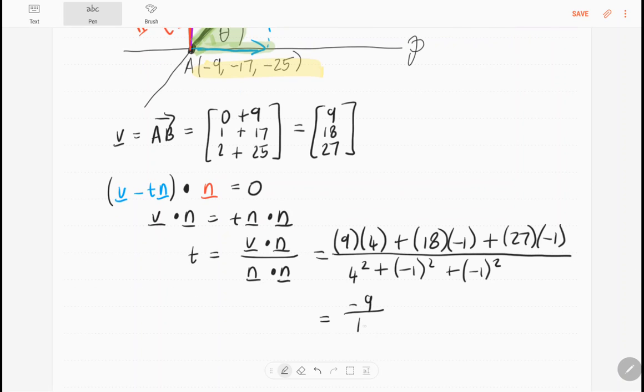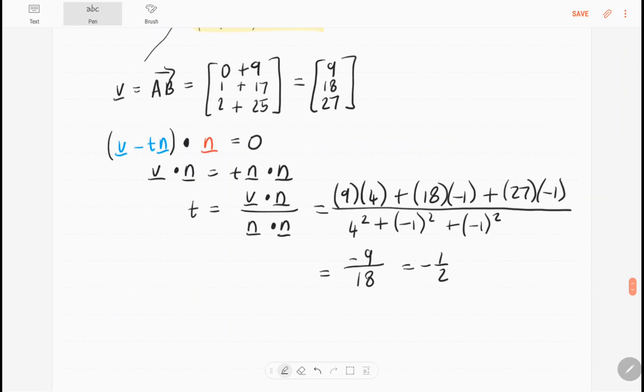That is minus 9 over 18, since we have in our denominator 16 plus 1 plus 1, which is minus a half. So that means T multiplied by n is going to be minus a half multiplied by n, which is (4, -1, -1). So we are going to have (-2, a half, a half).